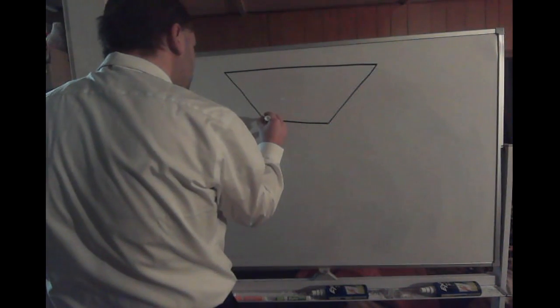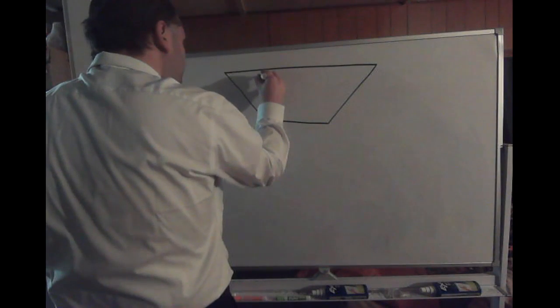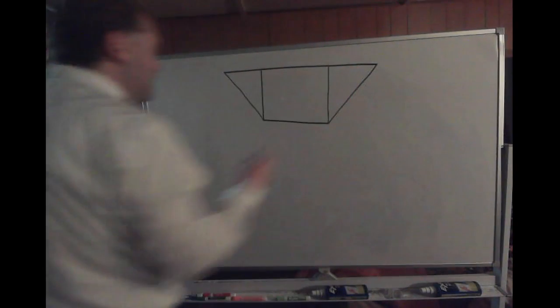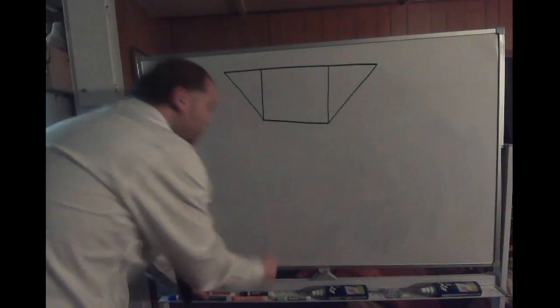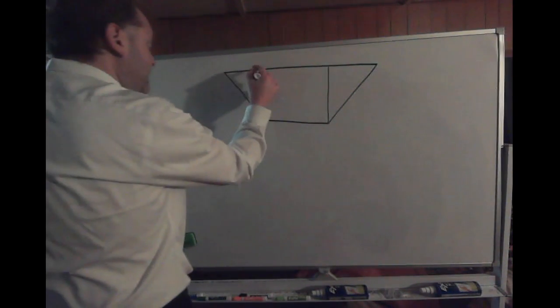So this time we're given an upside down trapezoid. It's going to be split into two right triangles and a quadrilateral.